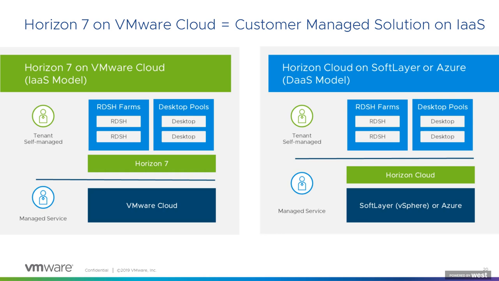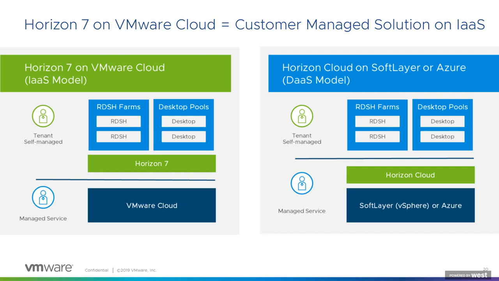For the Horizon 7 on VMware Cloud on AWS solution, VMware manages the VMware Cloud on AWS portion, right? That's a managed service. But the customer is responsible for deploying and managing the lifecycle of their Horizon 7 infrastructure components, as well as any desktops and RDSH farms. If you go to the right, that's a DaaS model, right?